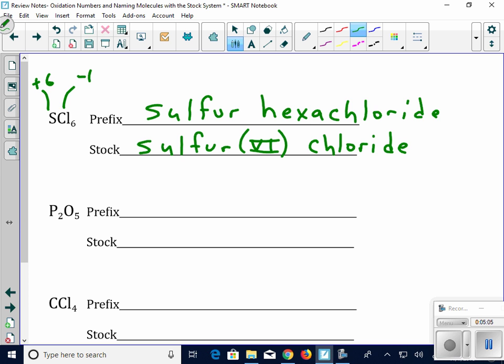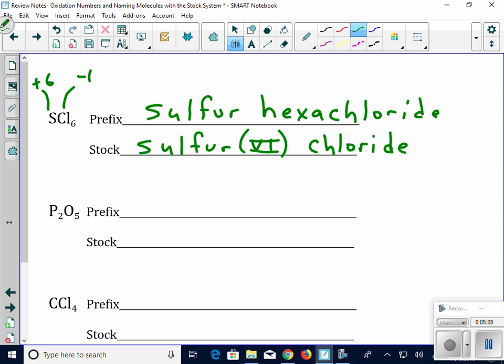So I have sulfur VI chloride is my stock system for naming SCl6.